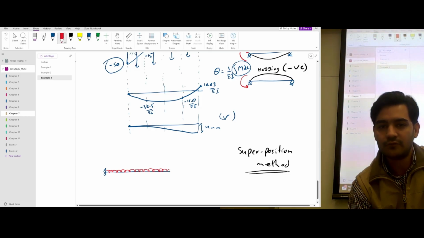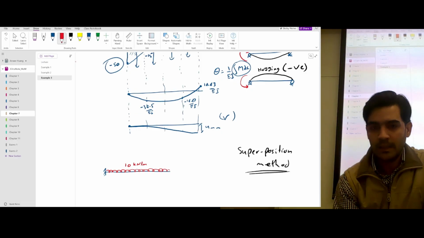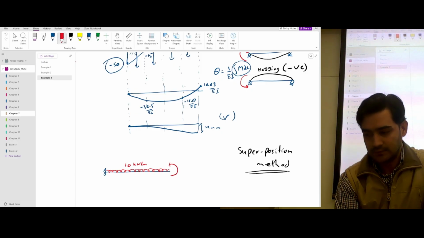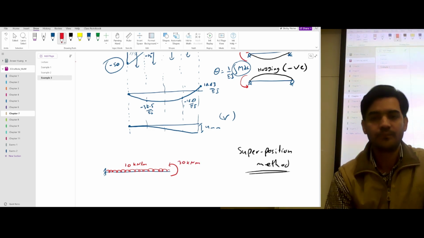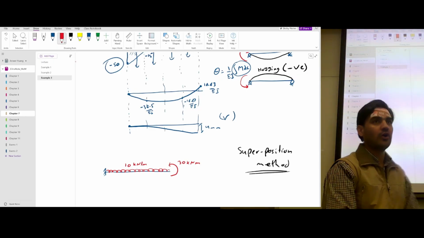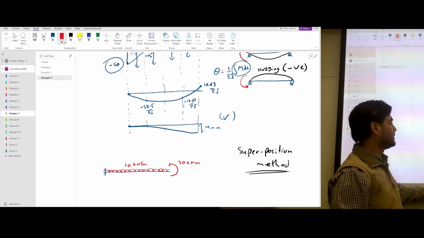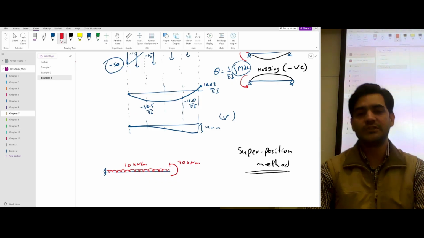One is a uniformly distributed load of 10 kilonewton per meter, and we also have a moment. It is an anti-clockwise moment of 30 kilonewton meter. So now we will figure out the displacements for the entire beam and draw the elastic curve using the superposition method.